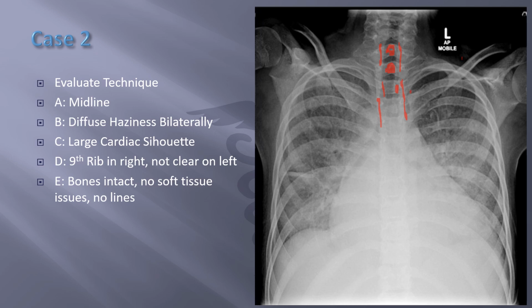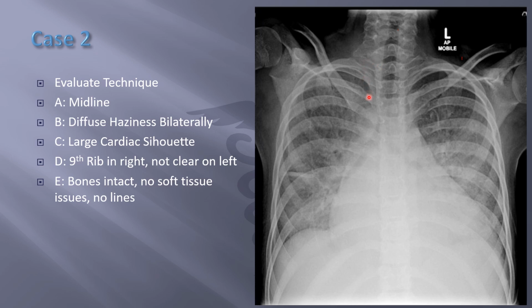If your spinous process is pointing that way, then other structures in front of it will move this way, like the trachea will be moved over here a little bit. So that's why we look at the spinous processes there. So technique looks good.